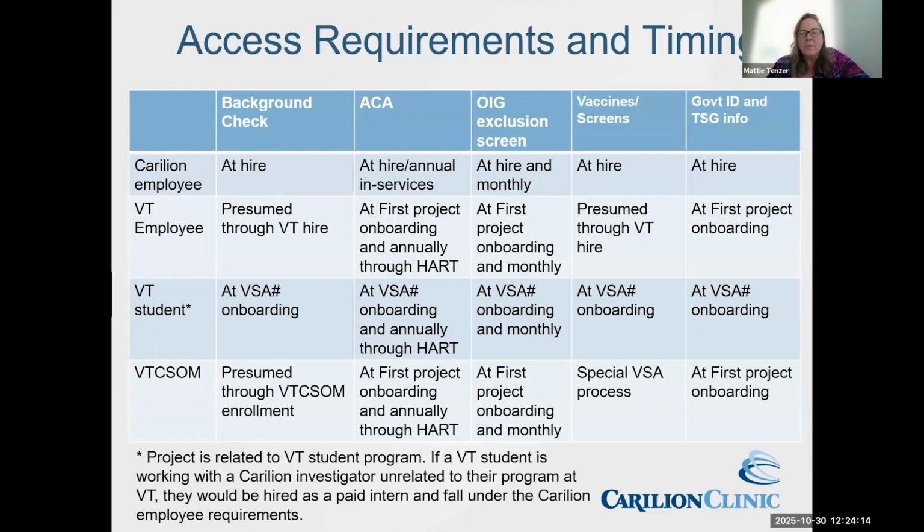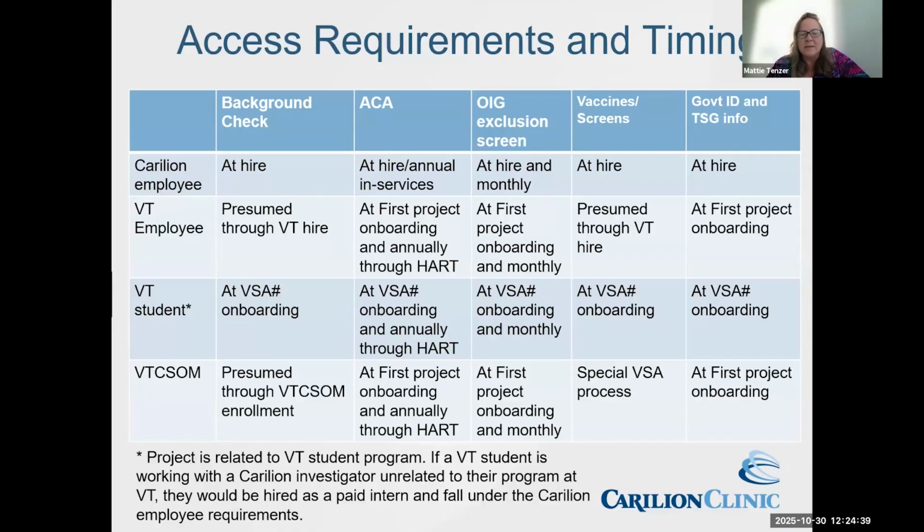So hopefully in this table, we won't walk through every single cell on the next few tables that we've got, but hopefully you can find yourself in your role. On the left-hand side there, we've got Corellian employee, Virginia Tech employee, which could also be a UVA employee or some other collaborator like that. It says VT student, that could also be Duke student. So this is largely an extra VT audience, so we wanted to make sure that it made sense here.